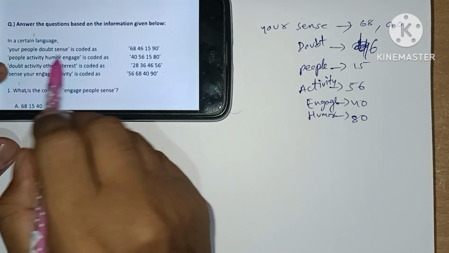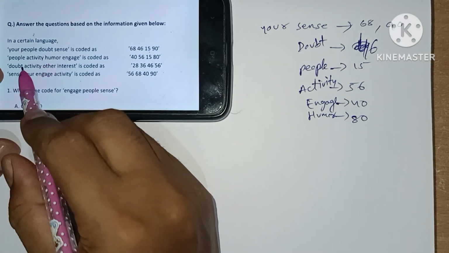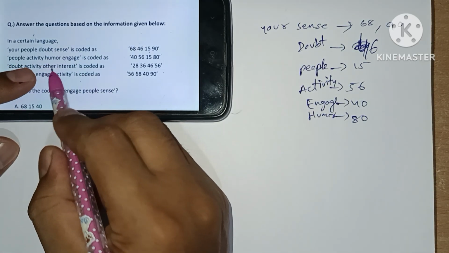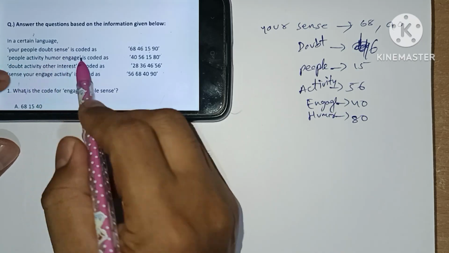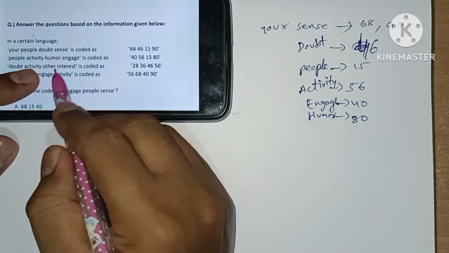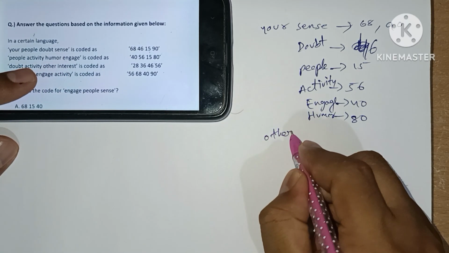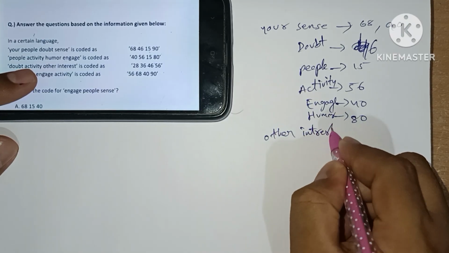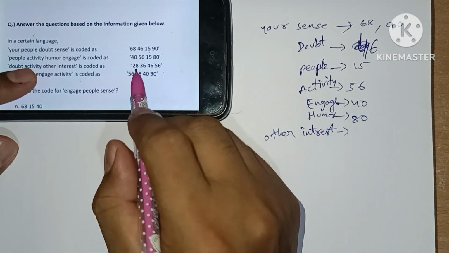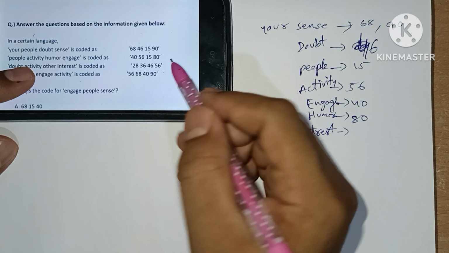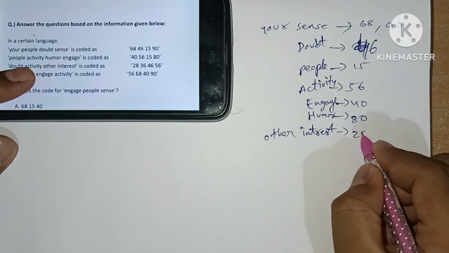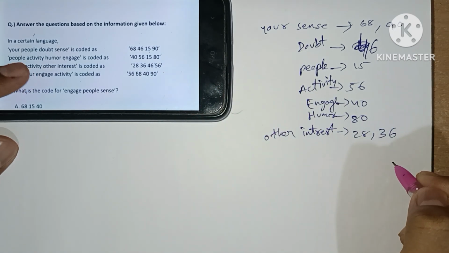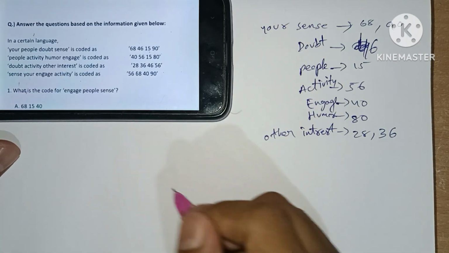The second statement, "doubt", is also completed, "activity" completed. Other, "interest", and there is no other "interest" in any other statements. What we are left with is 28 and 36. Okay, we have completed all the words.